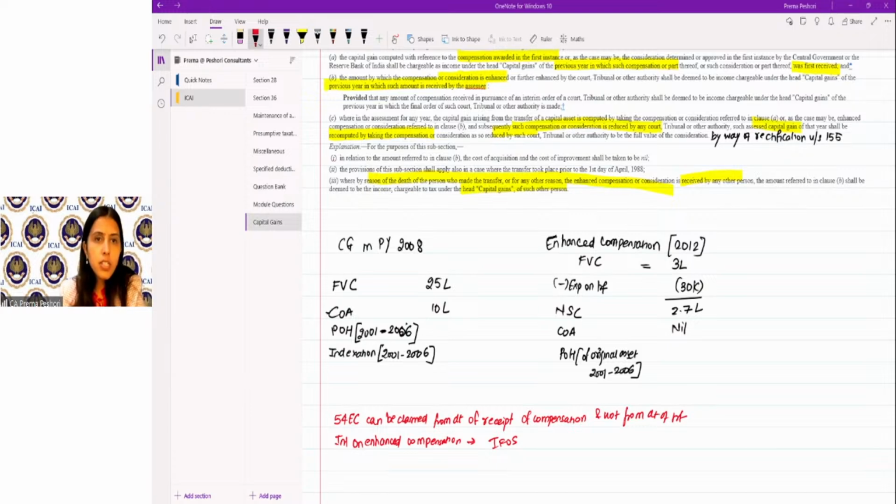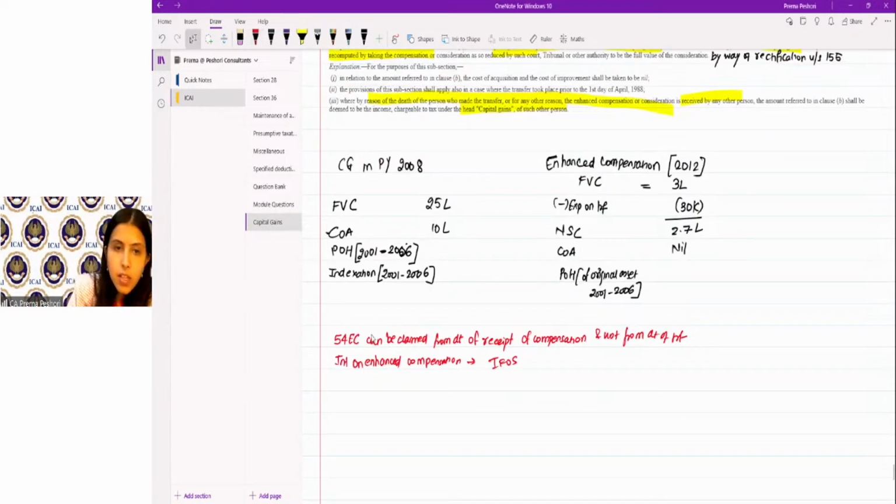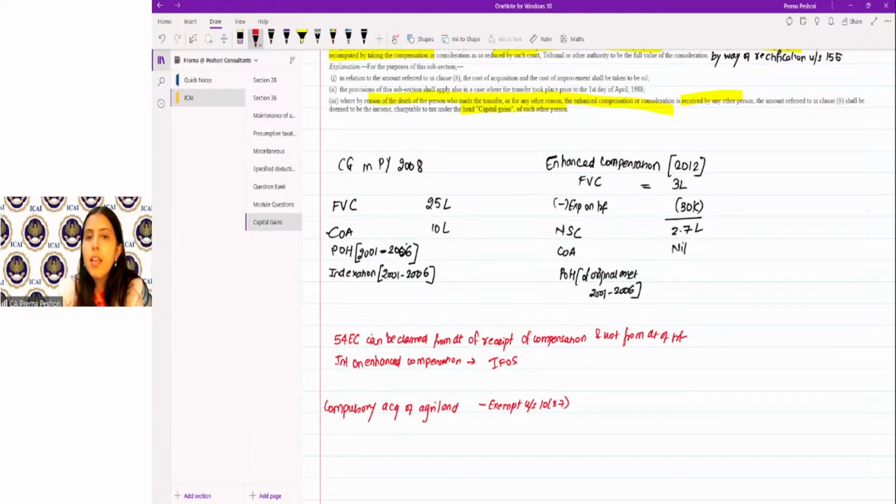So if it is compulsory acquisition of agri land, then exempt under section 10(37). Exempt under section 10(37). Right?